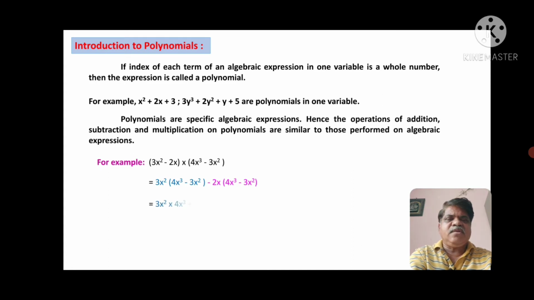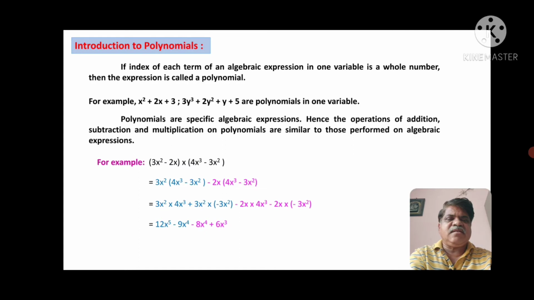So multiply now 3x square into 4x cube plus 3x square into minus 3x square, minus 2x into 4x cube, minus 2x into minus 3x square. So here we will get 4 3s are 12, x raised to 5, since x square into x cube is x raised to 5, as we are here using a raised to m into a raised to n is equal to a raised to m plus n.